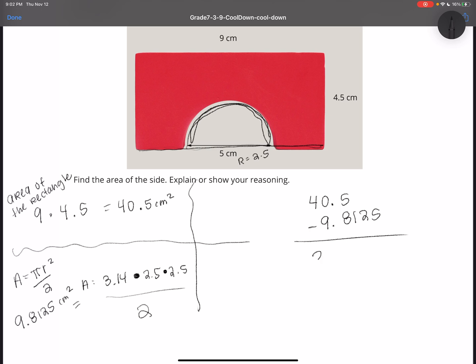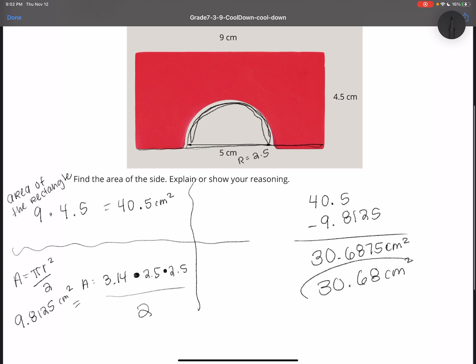And your answer should be 30 and 6,875 10,000ths centimeters squared. Now the book has it rounded to 30 and 6,800 centimeters squared, and that is totally fine with me.